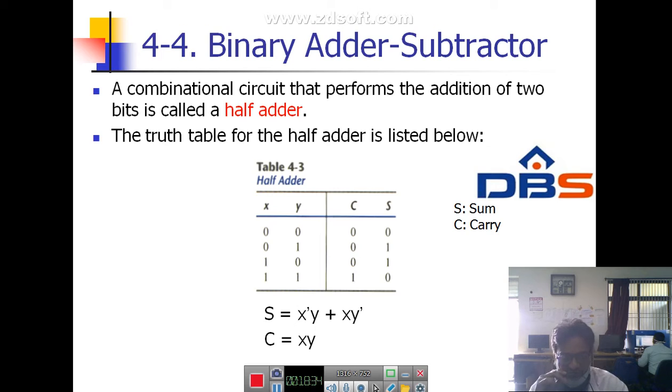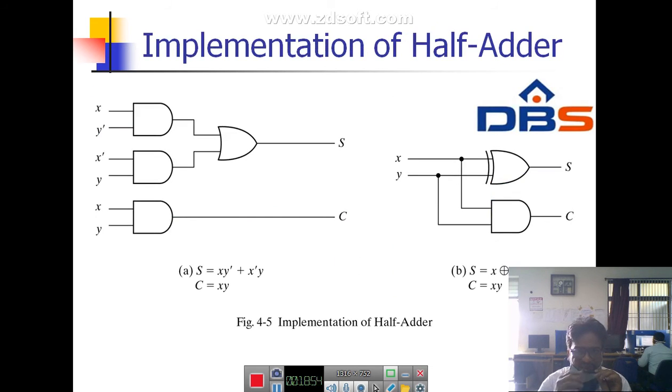We are adding two bits at a time, so that is called a half adder. Whenever we have to add three bits at a time, we call it a full adder. We will see the detailed operation and implementation of the half adder and the full adder.